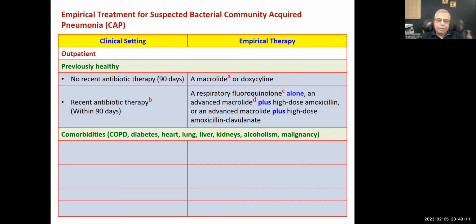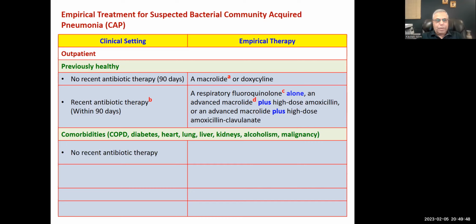So you can give a respiratory fluoroquinolone alone, or an advanced macrolide, which means clarithromycin or azithromycin, plus high dose amoxicillin, or advanced macrolide plus high dose amoxicillin clavulanate. So you are using a combination of macrolides and amoxicillin, and you can have clavulanate, or you can give a fluoroquinolone alone.